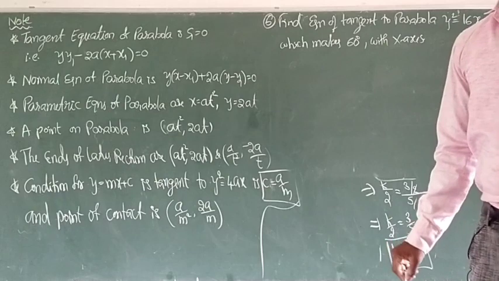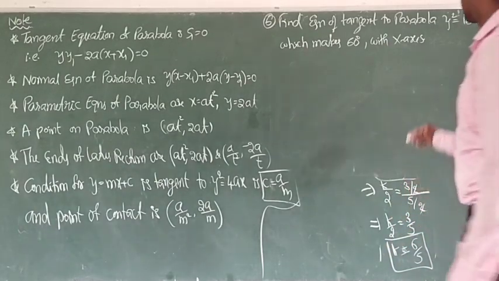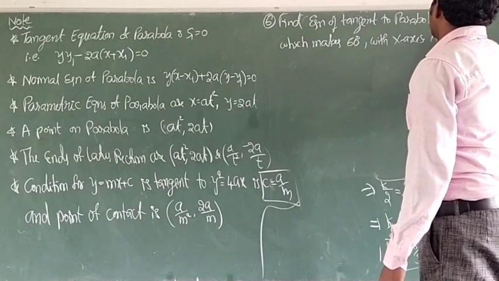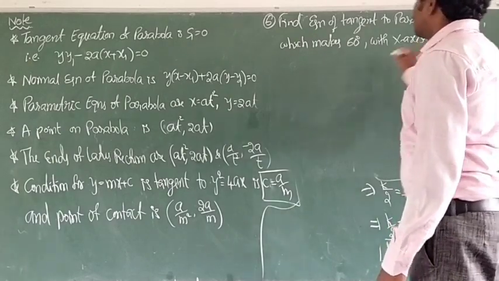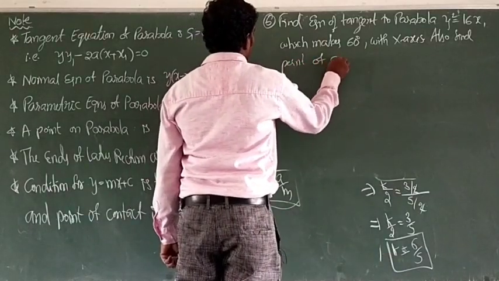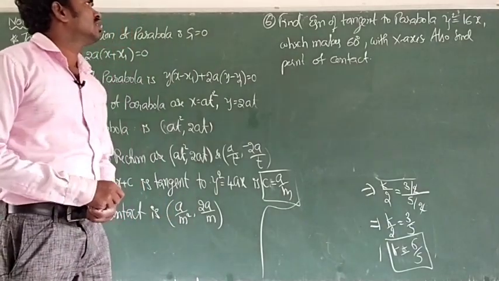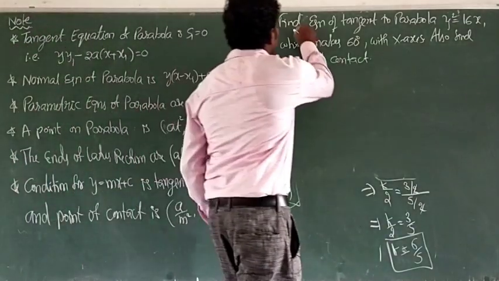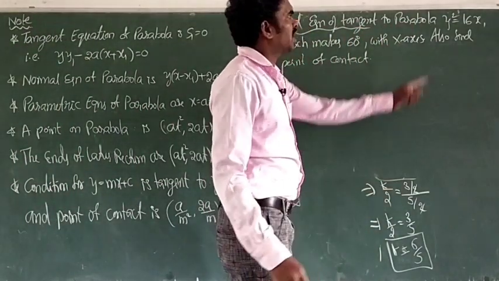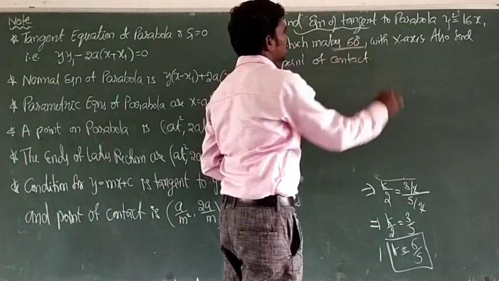Also find the point of contact. So we have to find the equation of tangent, the parabola equation is given as y² = 16x, and the tangent makes a 60 degrees angle.